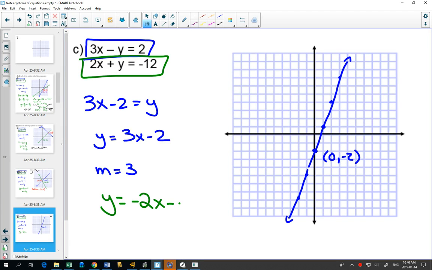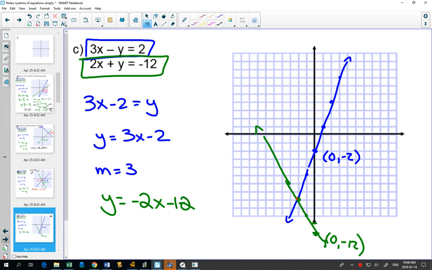On our green equation, subtract 2x on both sides, and you get negative 2x minus 12. So that means our y-intercept is at negative 12. And a slope of negative 2 means that it's going down 2 from left to right, so we can go up 2, back 1, up 2, back 1, up 2, back 1.